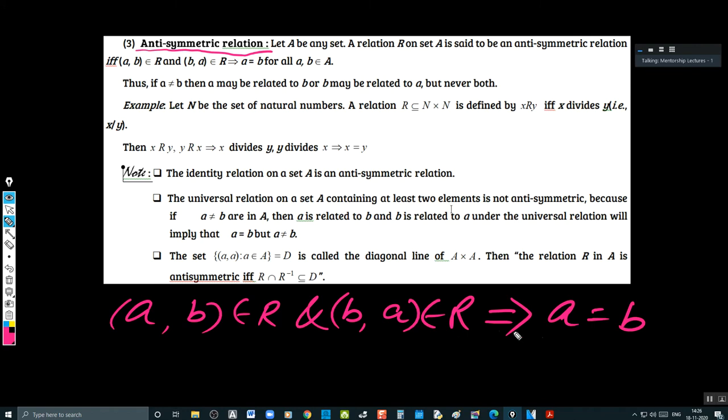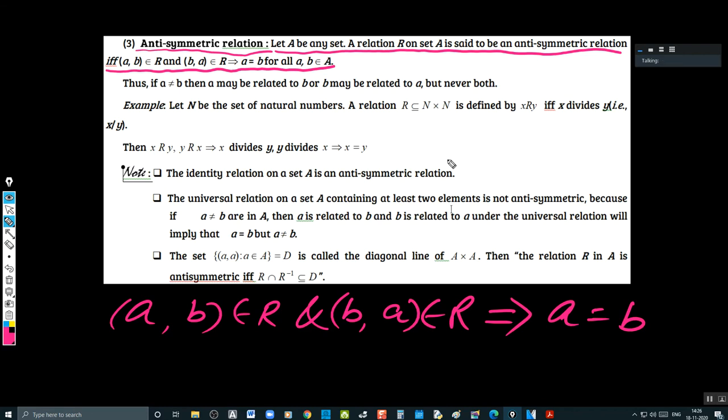And this is possible only when a is equal to b. Symmetric means (a,b) belongs to R, (b,a) belongs to R. Besides this, if a is equal to b, then it is said to be anti-symmetric relation. Let us understand the definition here. Let A be any set, a relation R on set A is said to be anti-symmetric relation if and only if (a,b) belongs to R and (b,a) belongs to R implies a is equal to b for all a, b belongs to A.